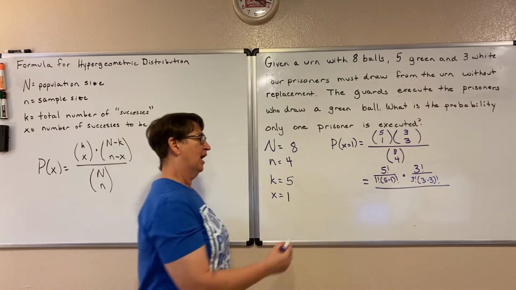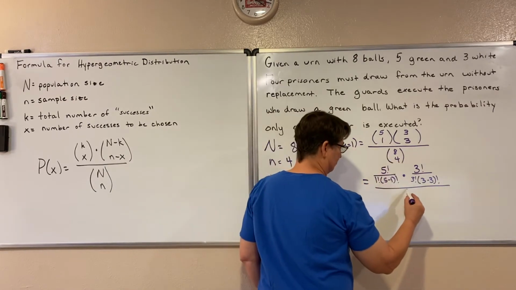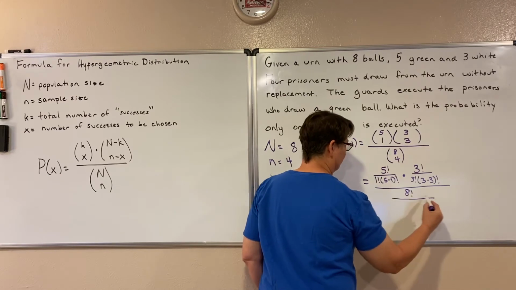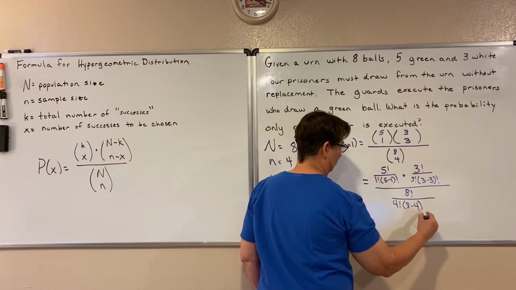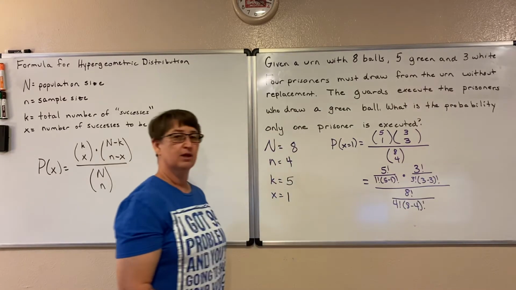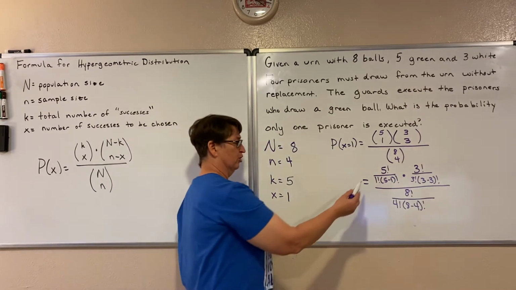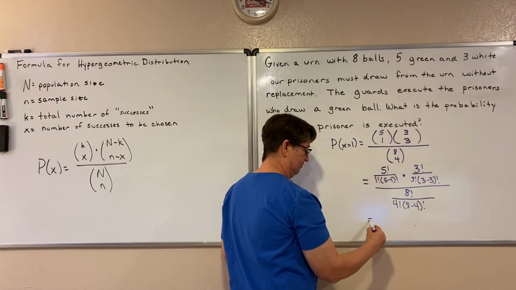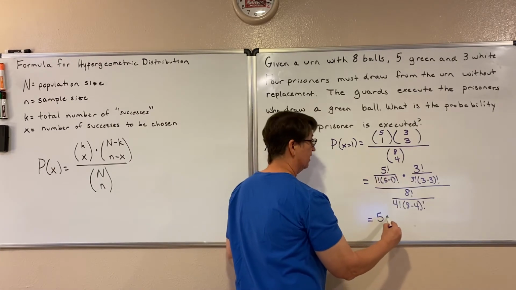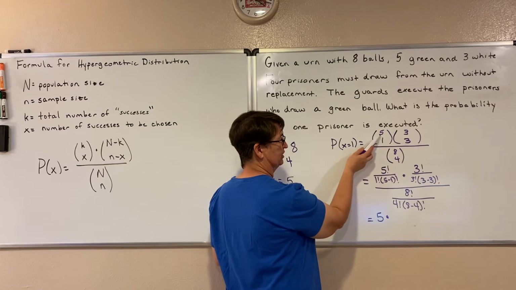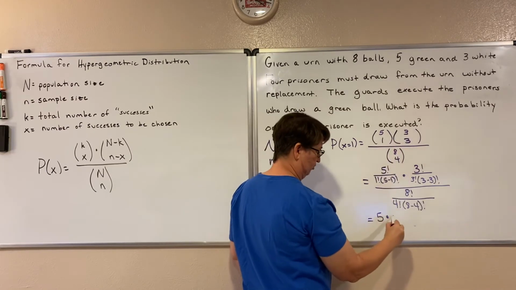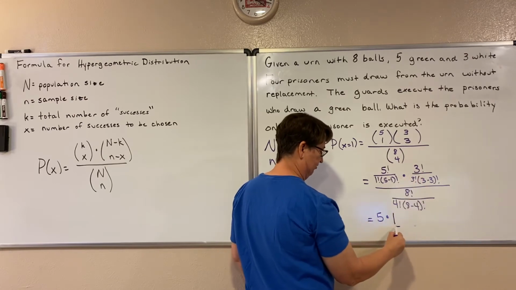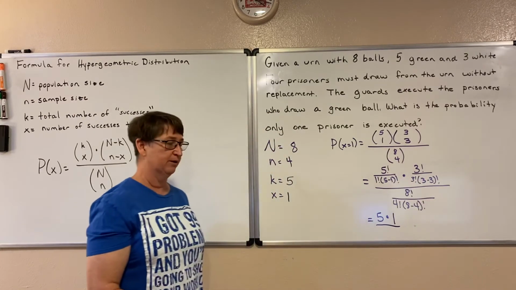On bottom, I'm going to have 8 factorial over 4 factorial times 8 minus 4 factorial. Now, when we do this work, we're going to end up with just 5 on top. Anytime we're choosing 1, we just end up with that top number. When the 2 numbers are the same, we always just end up with 1. Or you can do the work out here to find out that that's just going to be a 1.